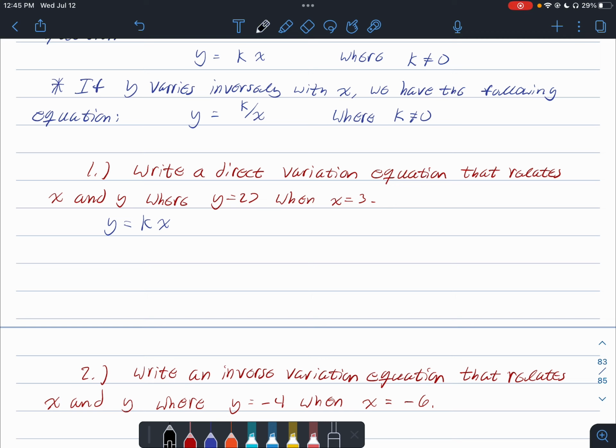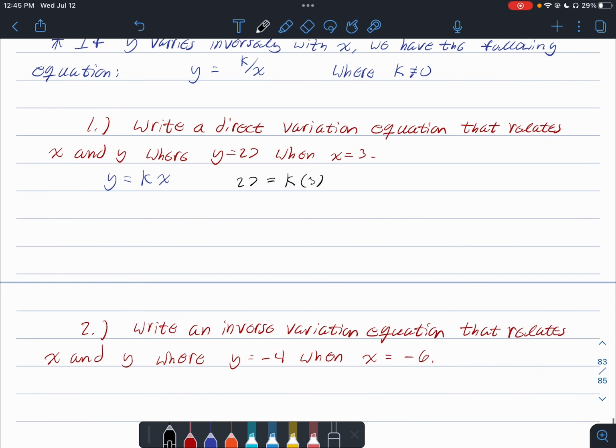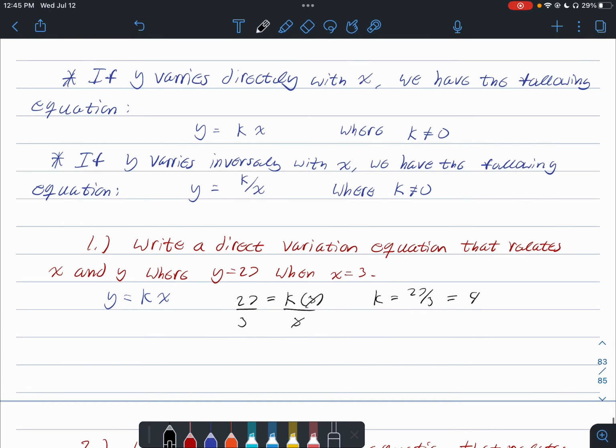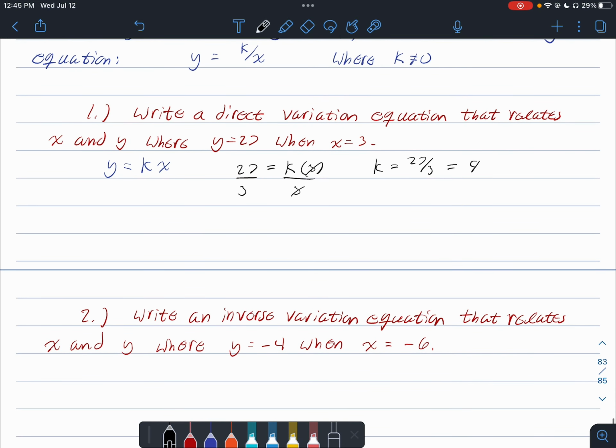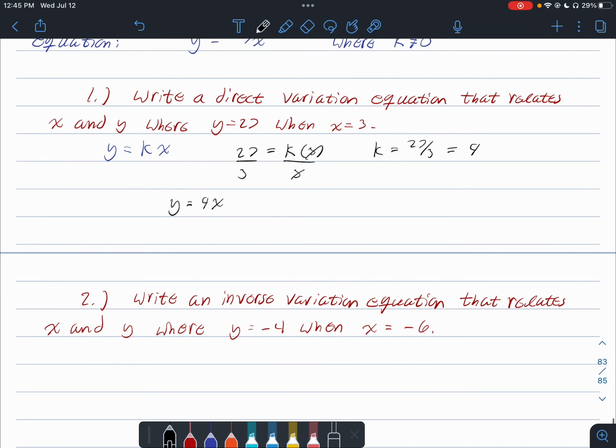So we get 27 is equal to k times 3. We can divide both sides by 3, and we'll get that k is equal to 27 divided by 3, which is just 9. So k equals 9. So our direct variation equation is going to be y equals 9 times x for this particular relationship.